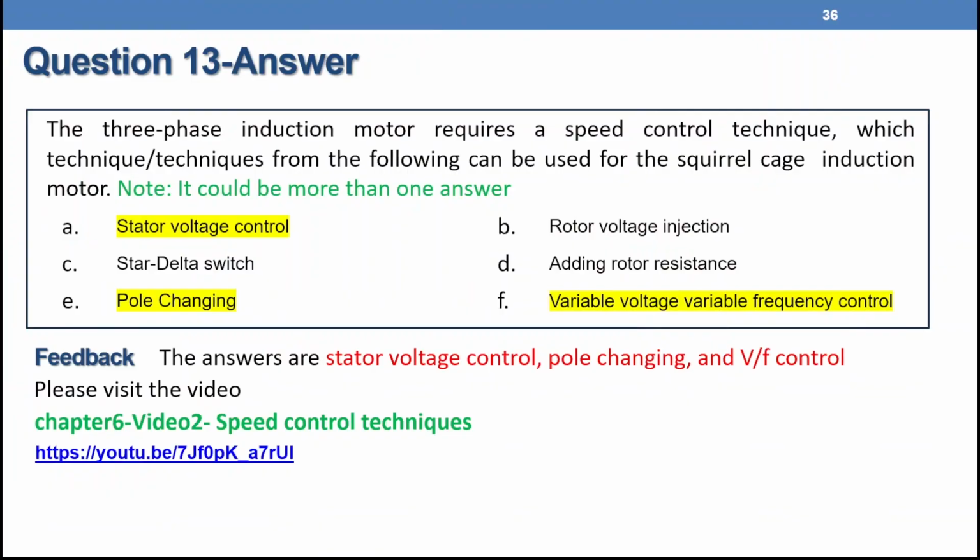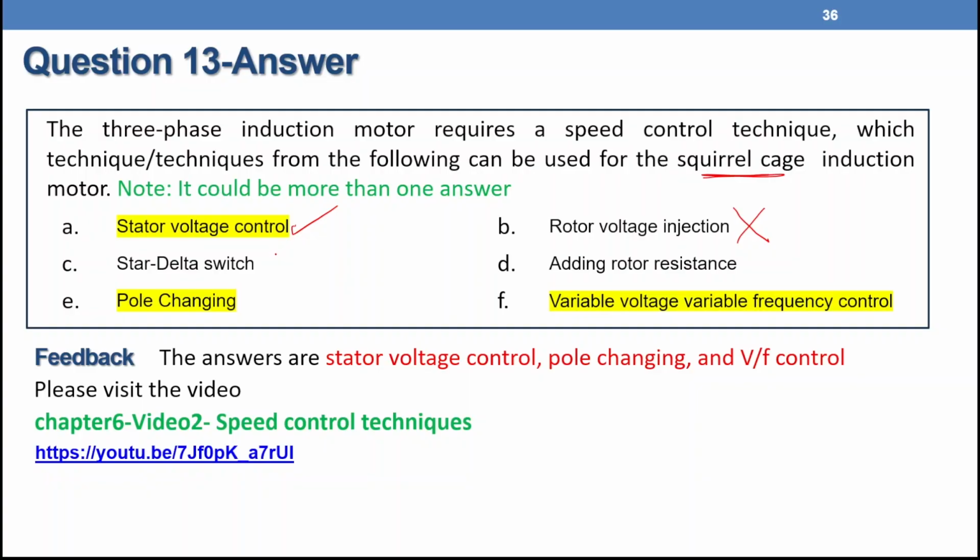Question number 13. The three-phase induction motor requires a speed control technique. Which technique or techniques from the following can be used for the squirrel cage? So we need to look for the squirrel cage induction motor. It is a multiple answer question. So stator voltage control, we can access the motor from the stator. Rotor voltage injection is not accepted because squirrel cage is not accessible from the rotor side.